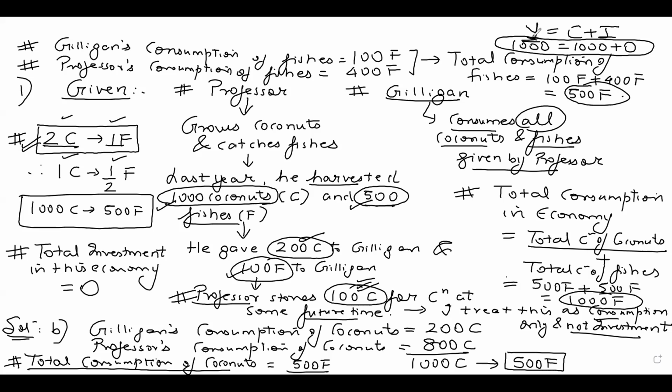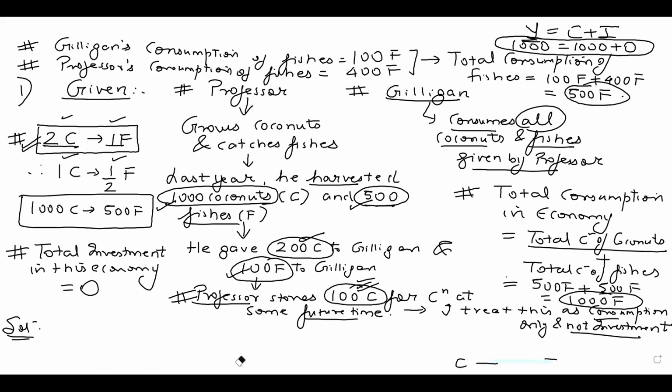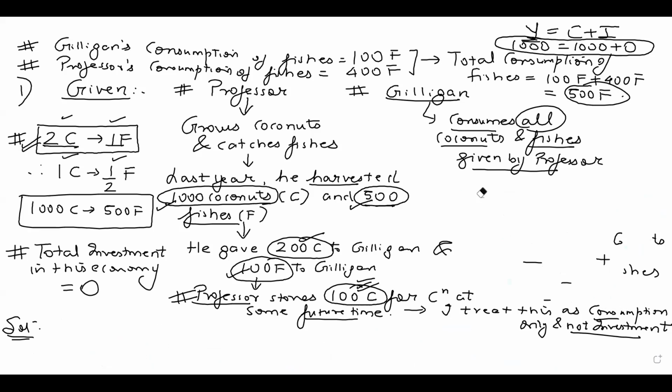Then we need to calculate the last part, the professor's income and Gilligan's income. Even that should come out as 1,000 in total terms. So let's calculate them. I am erasing first of all the portions we don't need now.